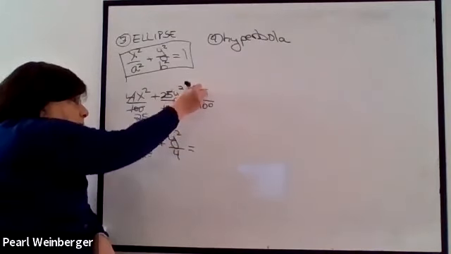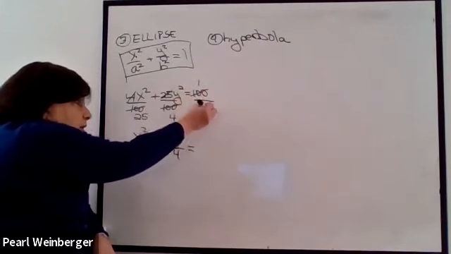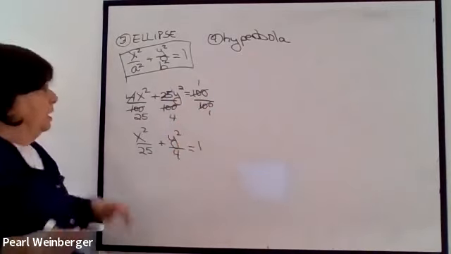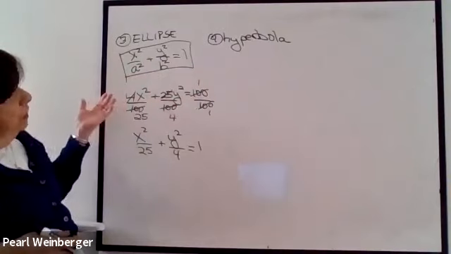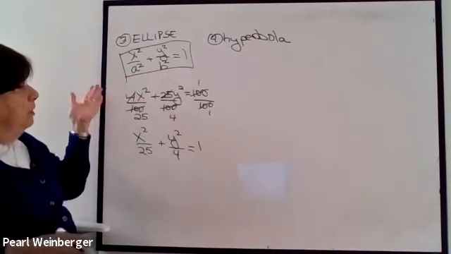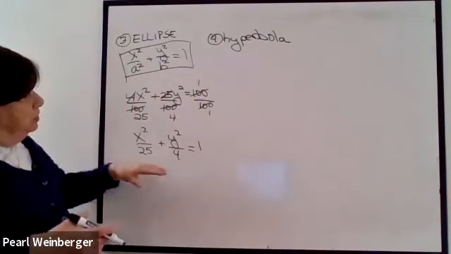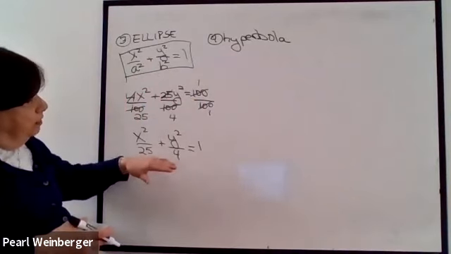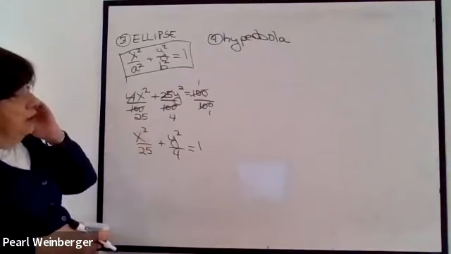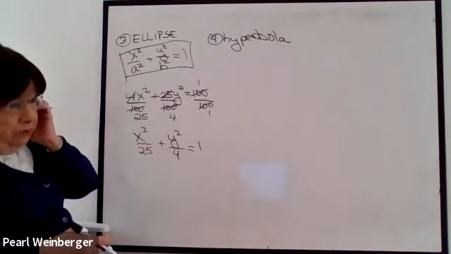And here the 100 over the 100 cancels out, and I'm just left with 1. I have gone from the regular format that I was given, the equation without any fractions, into the standard format. Again, it's very clear when I look at it like this that it has to be an ellipse.